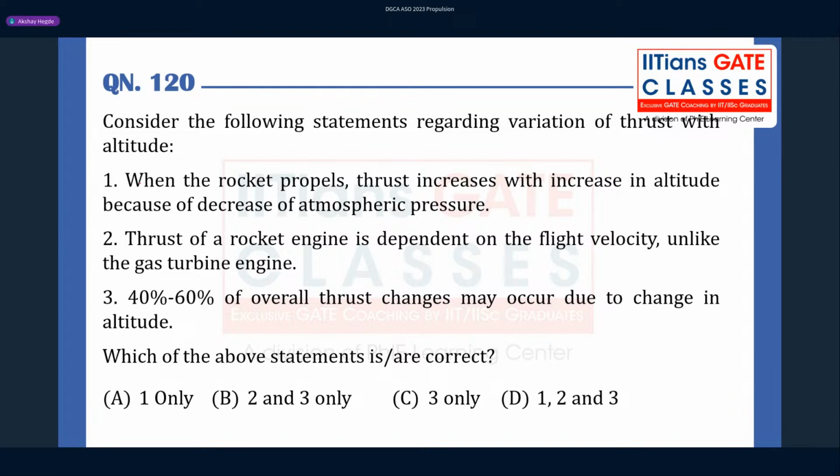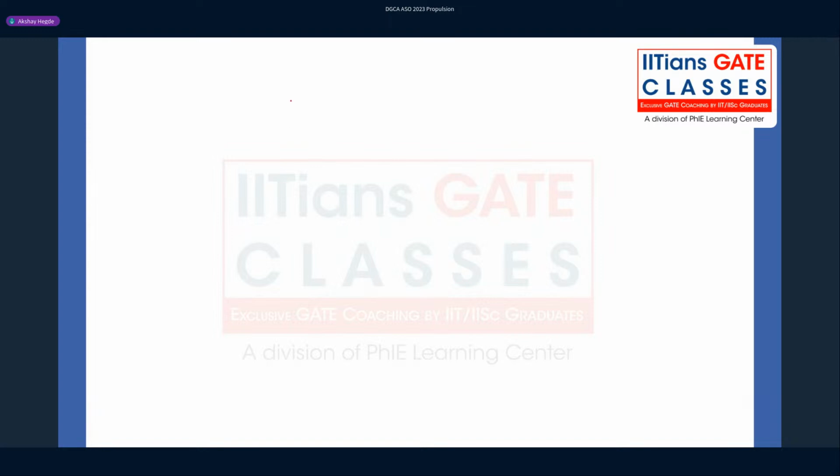So usually the thrust increases with increase in altitude for the rockets, because see, if I have a rocket that is designed with certain nozzle geometry, so fixed geometry, and we are launching it from the sea level. So at sea level I have exit plane pressure and ambient pressure the same, the perfectly expanded condition.